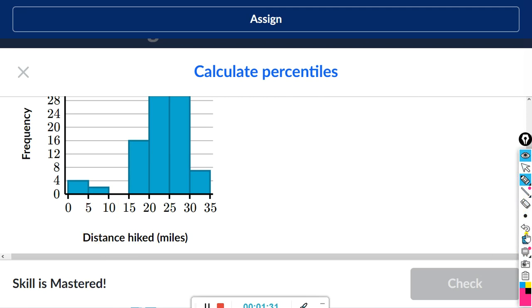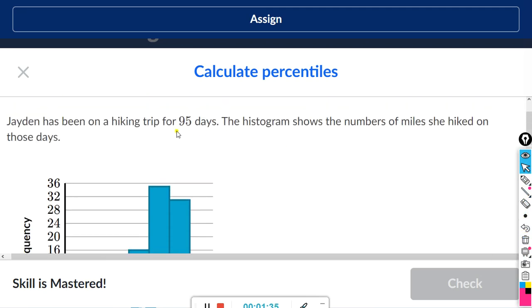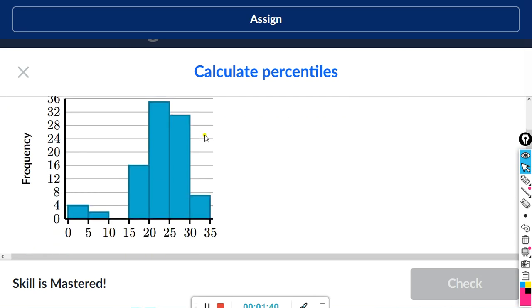Now, they said right in the problem that the graph represents hiking over 95 days. Since this is spread out over 95 days, we're just going to do 35% of 95. Recall, to convert to decimal, you move the decimal place over 2 places to the left.